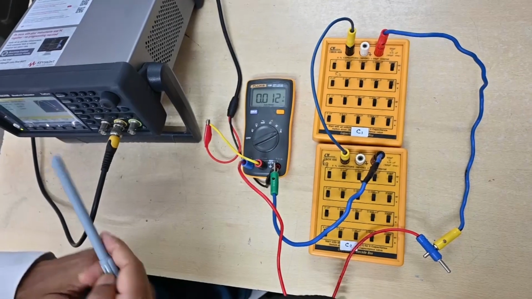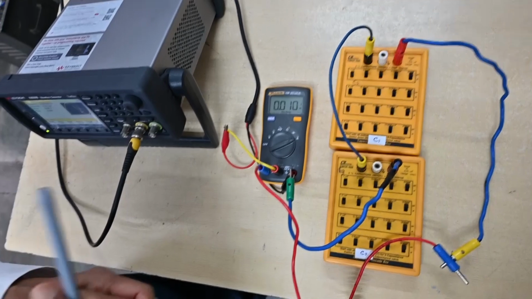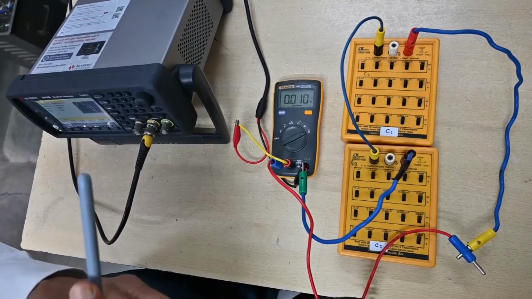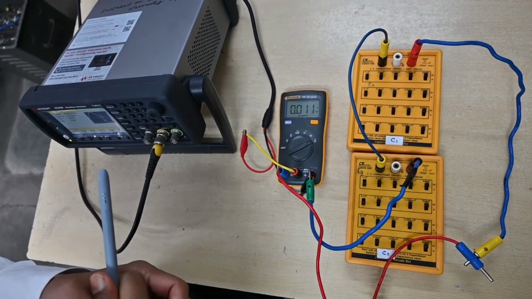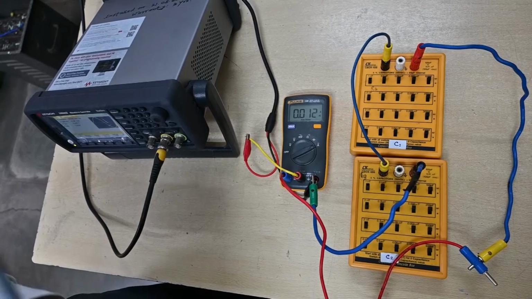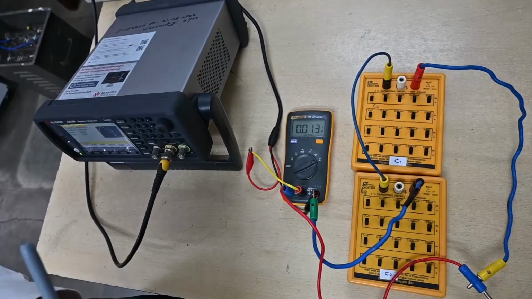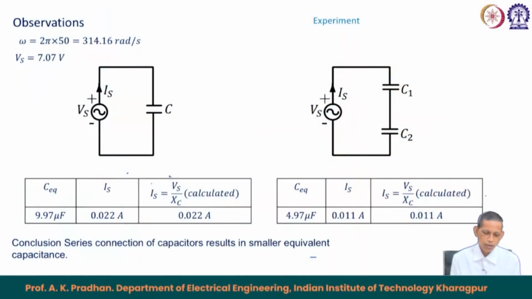So, this clearly shows that the corresponding current is small, which implies the reactance becomes higher, and the reactance becoming higher means the capacitance becomes smaller. So, C1 and C2 in series result in a smaller capacitance value, C1 by 2. So, this is clearly understood from the observation on the series connection of C1 and C2.